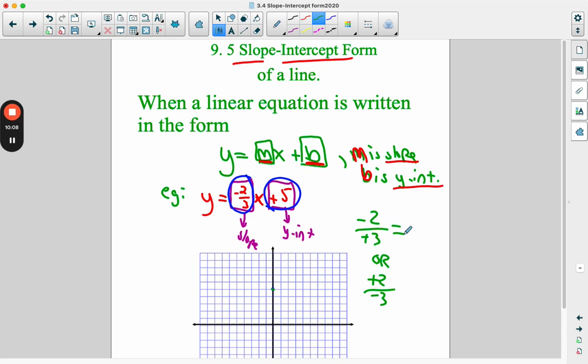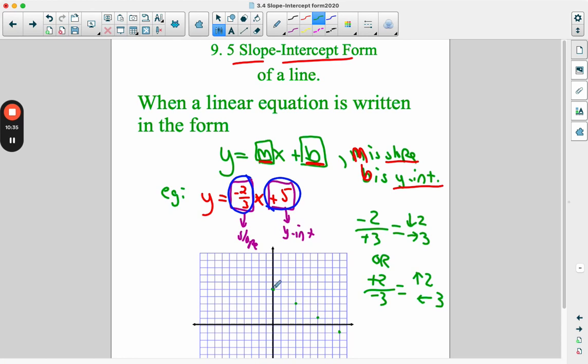So a slope of -2 over +3 means I go down 2, right 3. From that point, if I go down 2, right 3, put a dot. Down 2, right 3, put a dot. If you think of it as a +2 over a -3, that means we go up 2 and left 3.